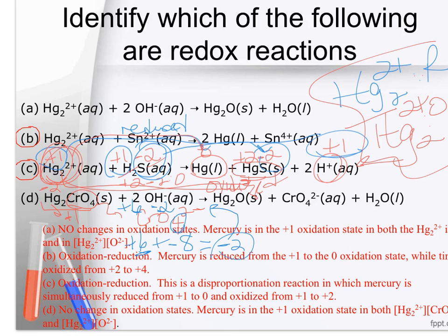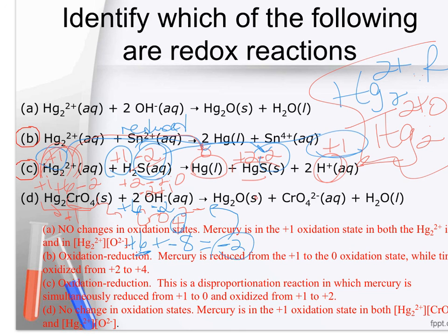All right, looking at hydroxide. Ooh, good. Make some room here. Okay, looking at hydroxide, oxygen -2, hydrogen +1. So let me go ahead and add these at the top here now that I have some room.